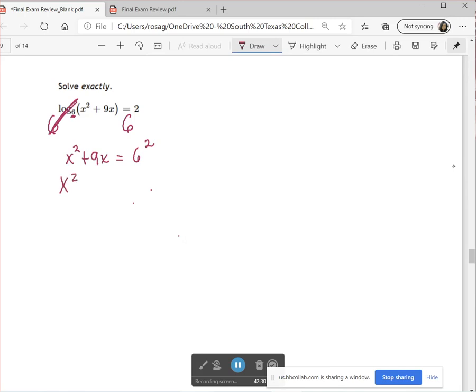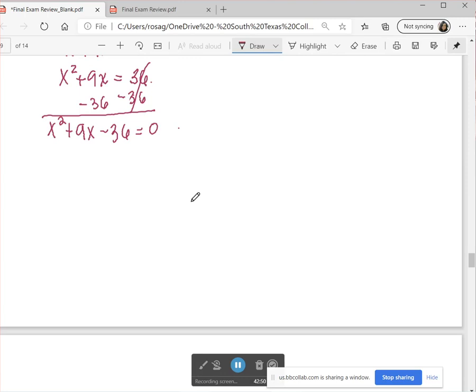And then you're solving. Now the biggest issue here is the square, because once you have a square, you kind of have to do quadratic formula, so it has to equal to 0. So then a equals 1, b equals 9, and c equals -36.